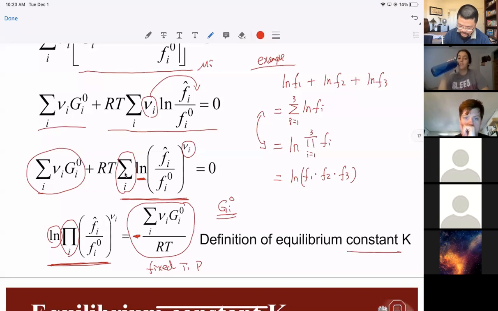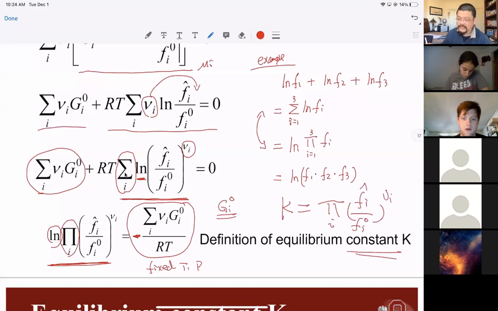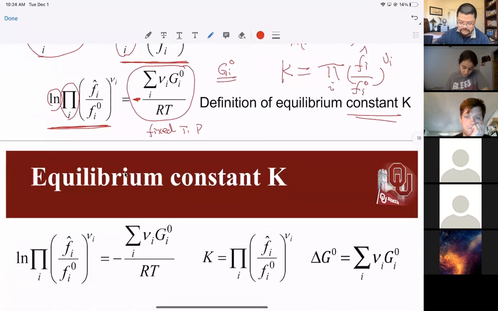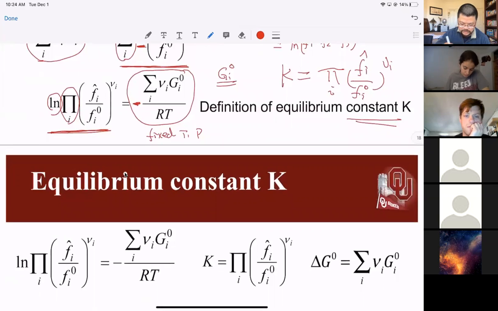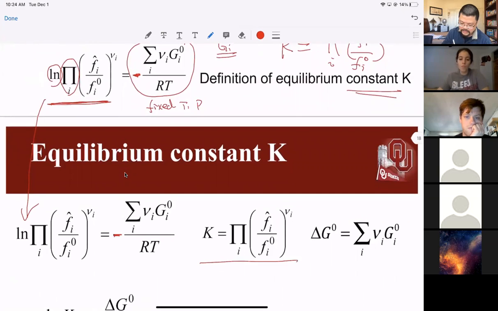This is why we are going to call the product capital K, which is the reaction constant. So moving forward, I hope you're not surprised. This is still the equation we have over here. Still pay attention to the negative sign over there. And we are going to define this as K, capital K.